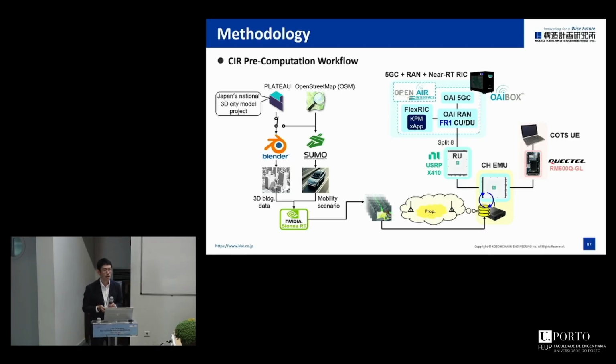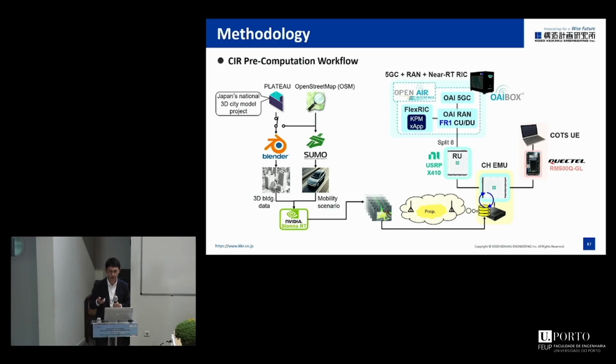So next, let me explain how we compute the CIR. First, we build a 3D model of the environment. In this work, we used PLATEAU, the Open High-Fidelity 3D City Model project led by the Japanese government. OpenStreetMap is also a practical option.